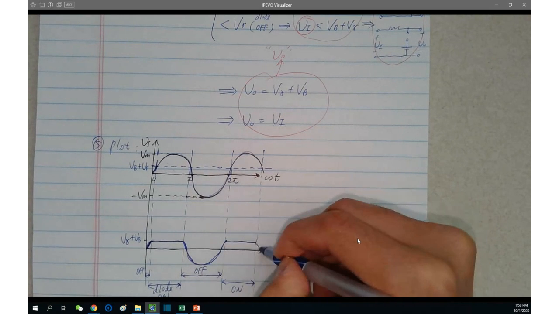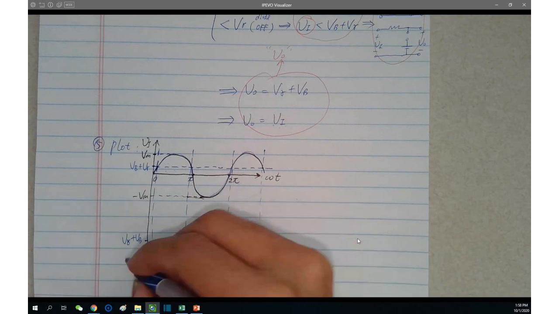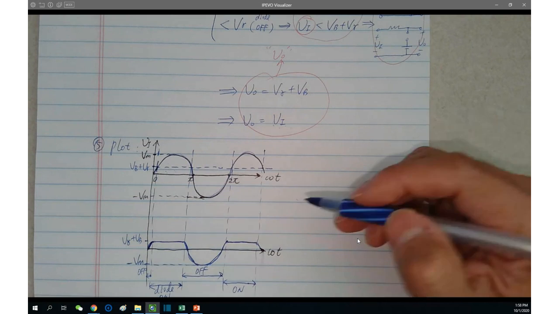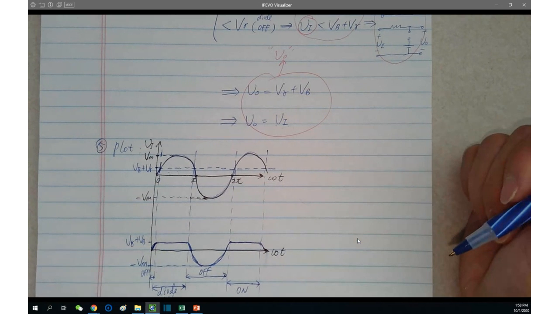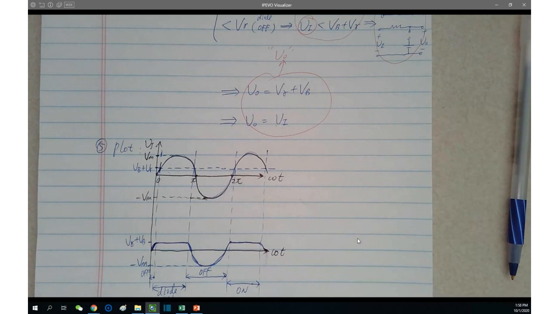We really copy. And the negative peak here is just equal to negative VM. Done. This is really done. Does it make some sense?